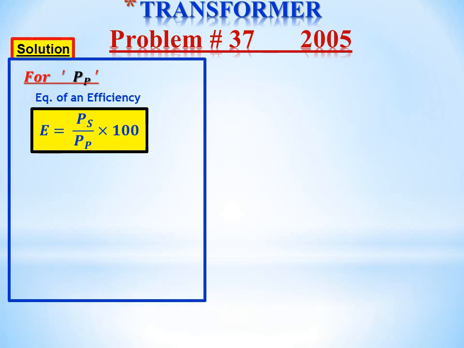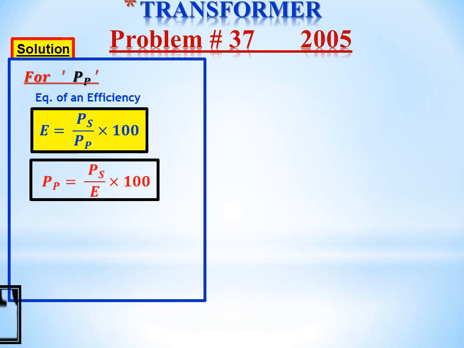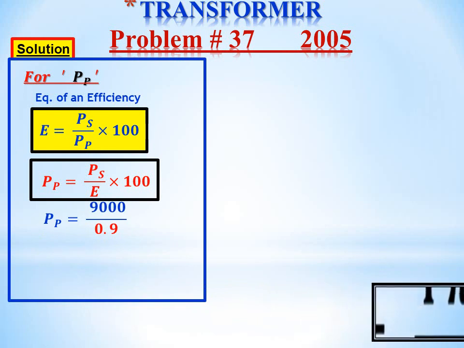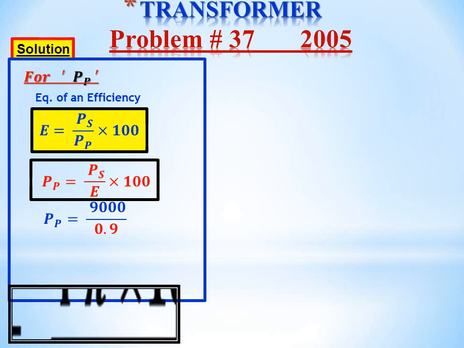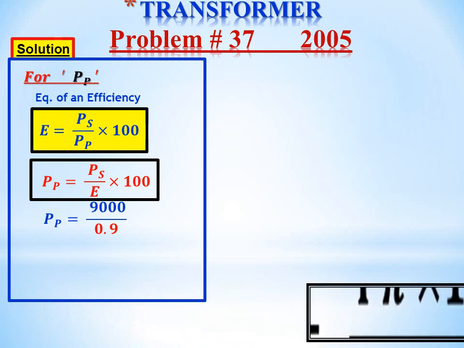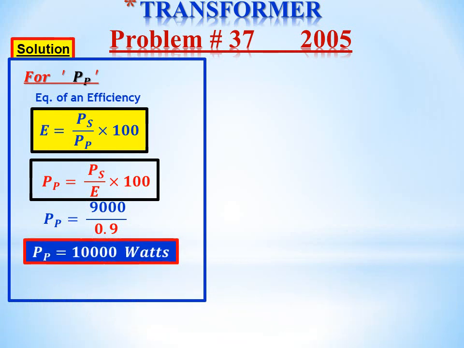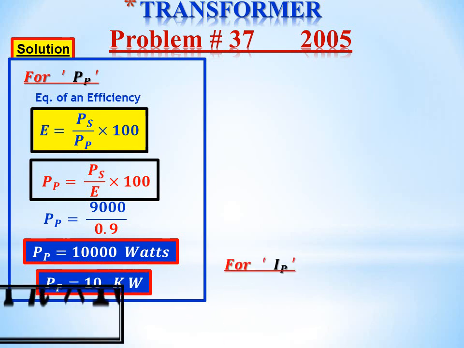So for power in the primary, equate this equation: PP is equal to PS upon E. By placing their values, PS is 9000 and efficiency is 90%. If we write 90% instead of 0.9, there is no need to write 100 over there. Okay, keep in mind. So power will become 10,000 watts or 10 kilowatts.